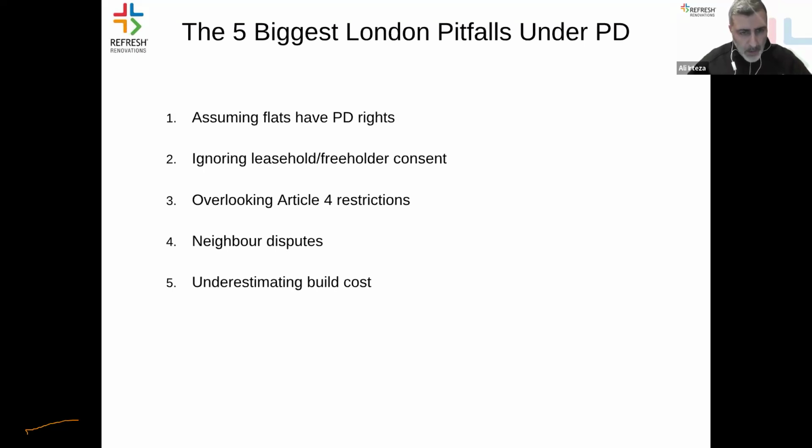Similarly, it can overlook Article 4 restrictions. There could be neighbor disputes. And also, PD is a fast-track process, but it does not mean that the cost of construction is less. So it is very easy to underestimate the build cost just thinking that the project is being undertaken through permitted development. Next slide.